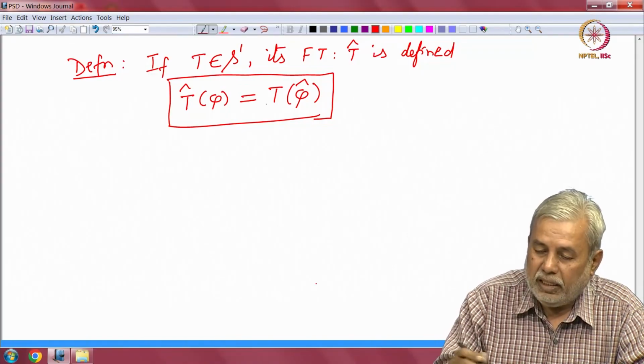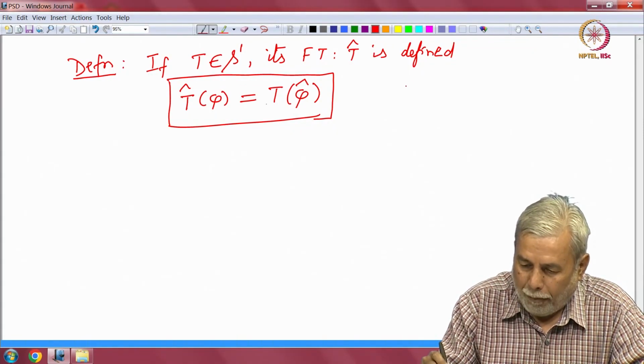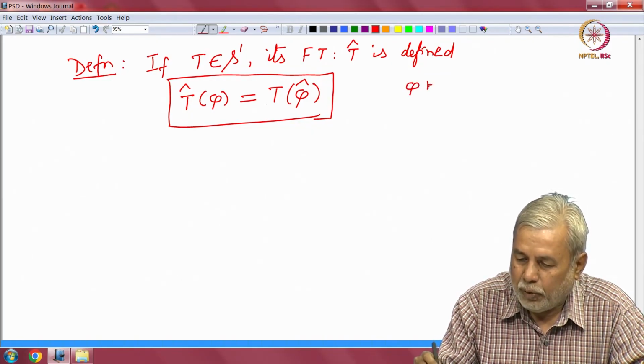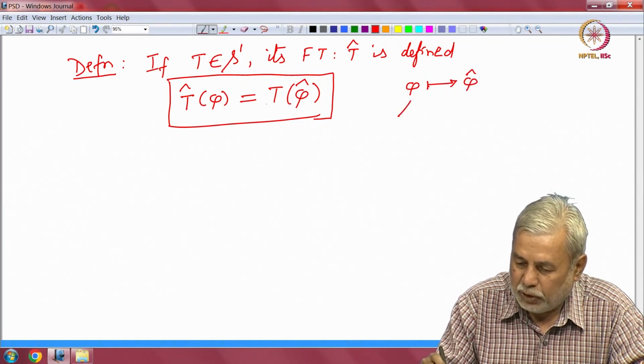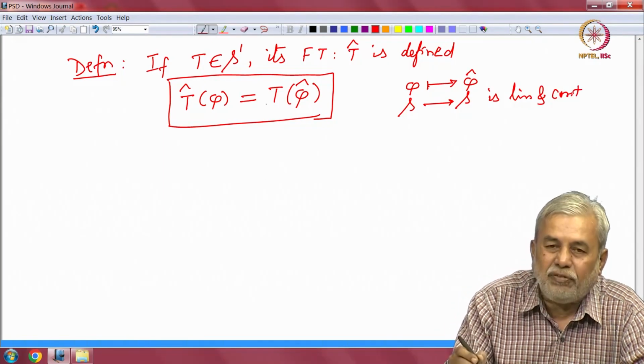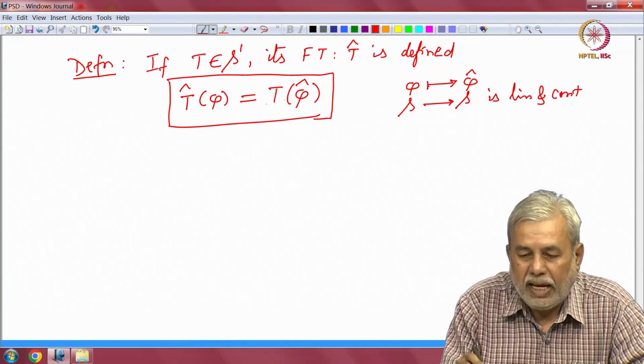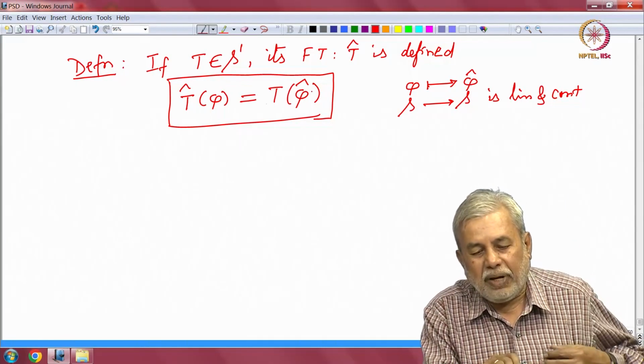We have already seen that the definition makes good sense because of this property: phi going to phi cap, from S to S, is linear and continuous. Again, phi cap belongs to S, so T acting on that phi cap makes sense.